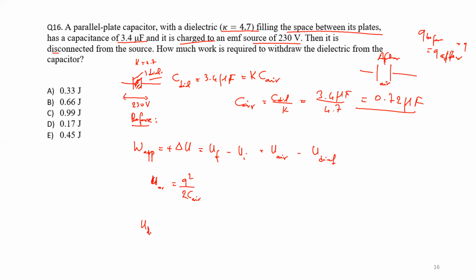And U dielectric is equal to Q squared divided by 2C dielectric. So what is Q? Q is just CV. And I know C, I know V: 3.4 microfarad times 230 volts. And this gives me 782 microcoulomb. So this is my Q. And it's the same before and after, 782 microcoulomb.